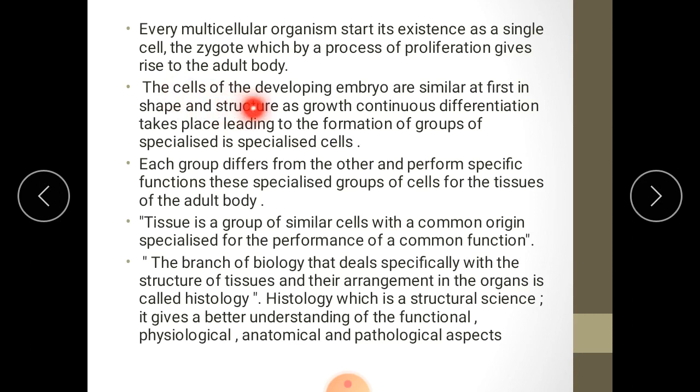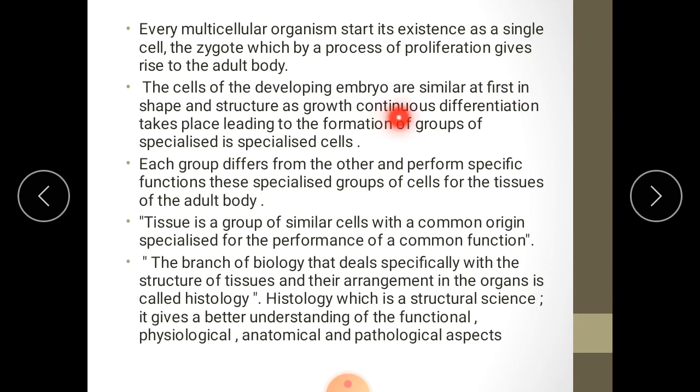The cells of the developing embryo are similar at first. So at first all blastomeres of a zygote are similar in size, similar in shape, and similar. They grow continuously, and as they grow they undergo differentiation.